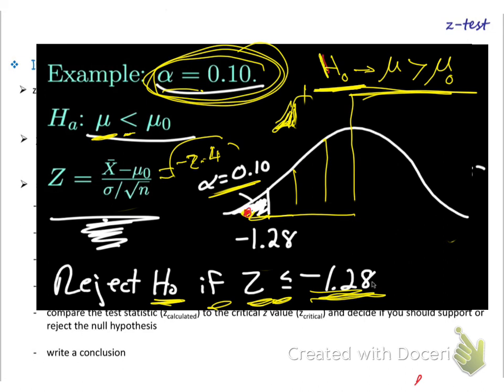It will fall within this rejection area, so it will be rejected, because minus 2.4 is smaller than minus 1.28. So anything, if Z became smaller than minus 1.28, it means that it is within this area, and it will be rejected. I hope this is clear.